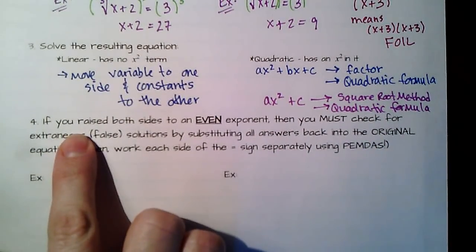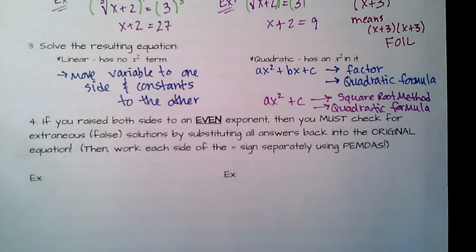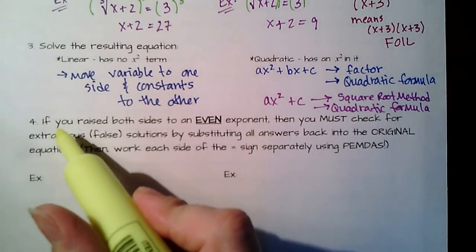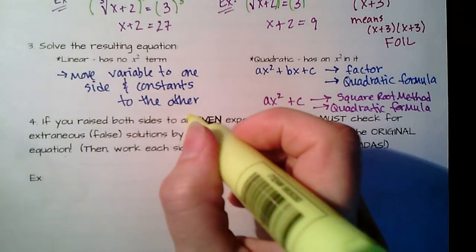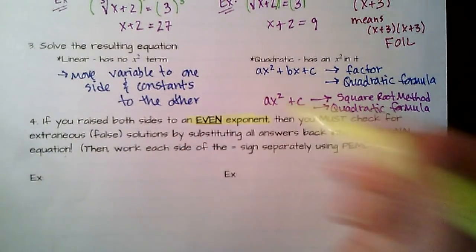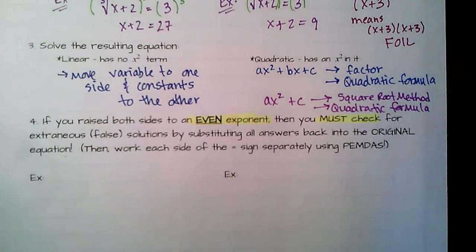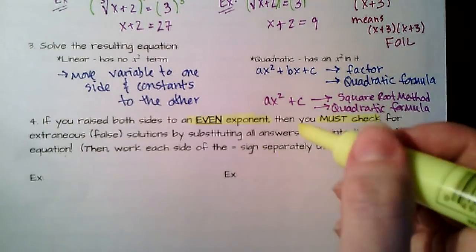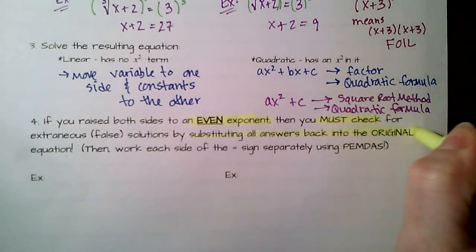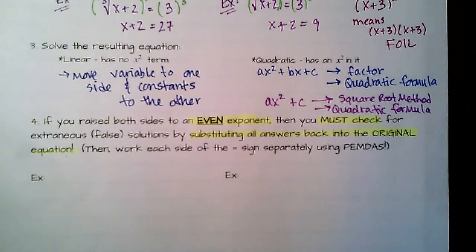Then the next step only happens some of the time. But actually what you're going to see is most of our problems are going to be square roots, so we're going to have to do it most of the time anyway. If you had raised both sides to an even exponent, then you must check for extraneous or false solutions by substituting all answers into the original equation.